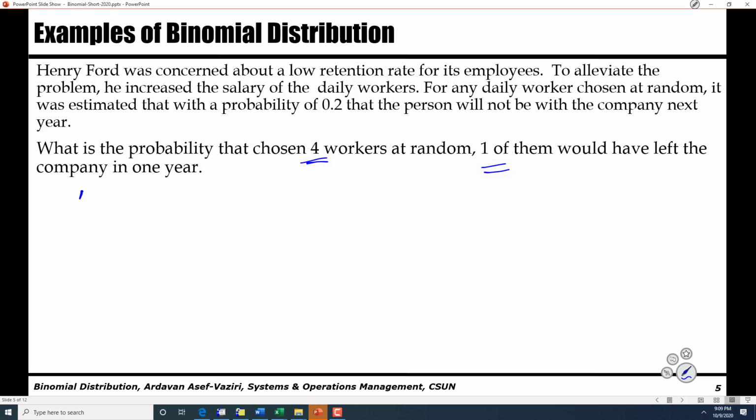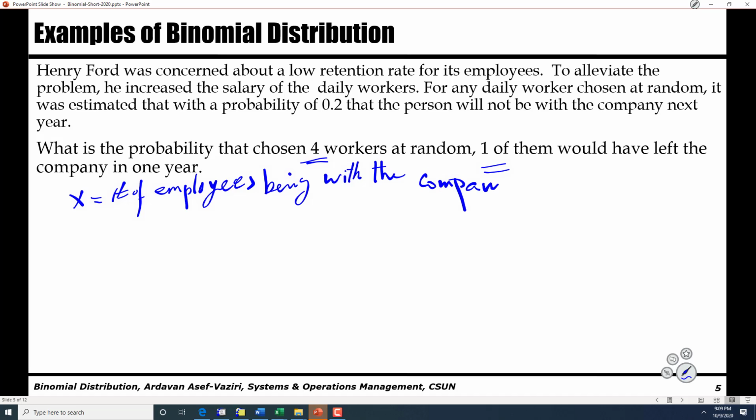Probability of x equal to number of employees being with the company next year.